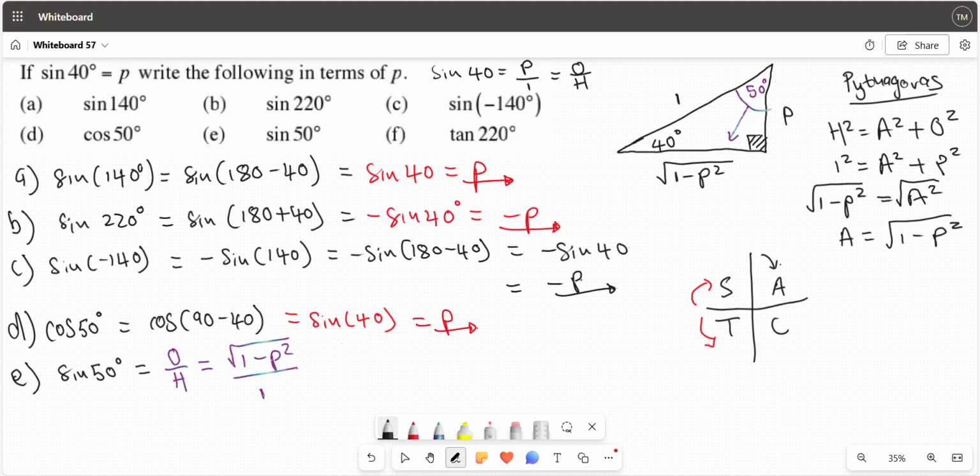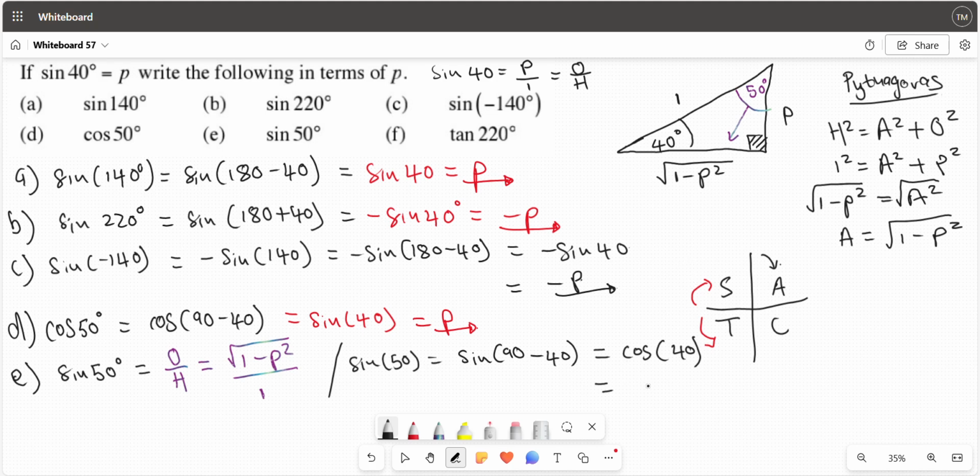Another way of doing it is you could say sine 50 degrees is reduced to sine of 90 minus 40 degrees, and that becomes a positive cos. Remember, they're all positive in that quadrant, so it stays positive. If it's a positive cos 40, then you're standing here. What is your cos?